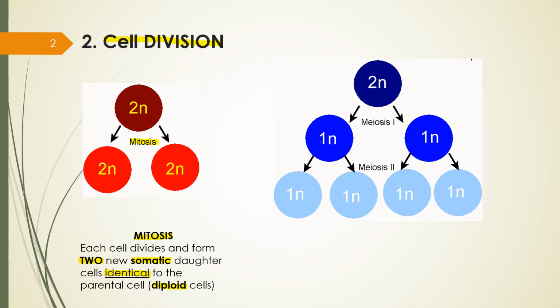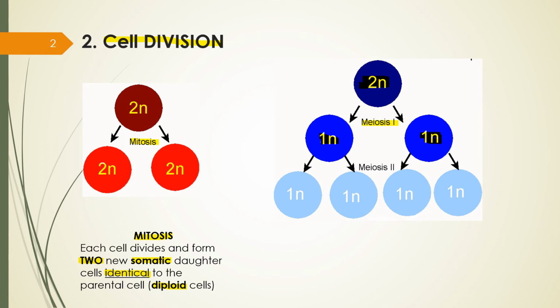Now, what's the difference between mitosis and meiosis? For meiosis, we also start with a 2N cell or a diploid cell, but I have two divisions. So I have meiosis 1. The number of chromosomes is reduced by half. So instead of having 2N, now I have two cells of 1N.